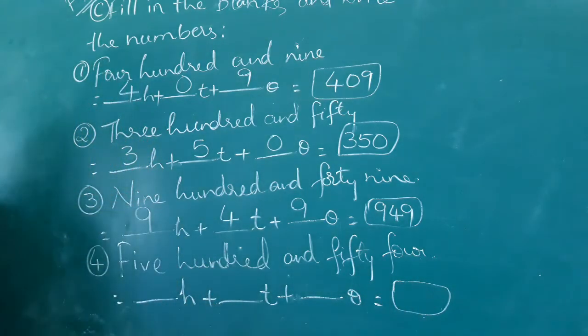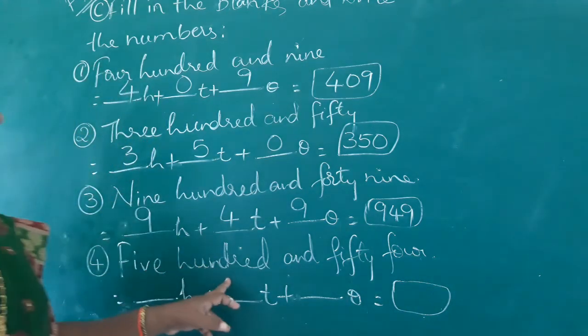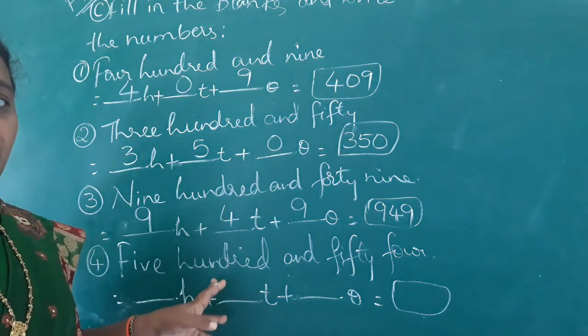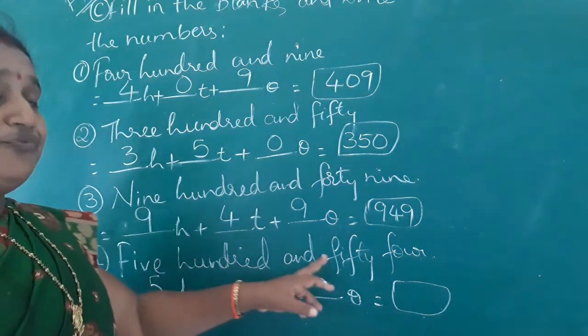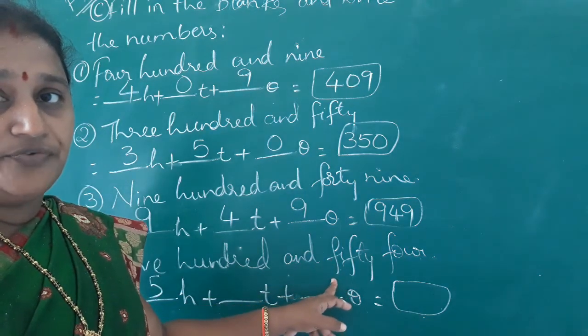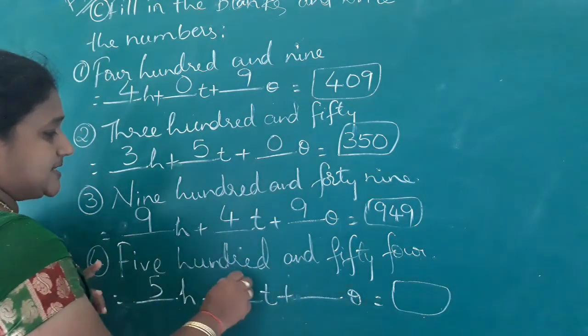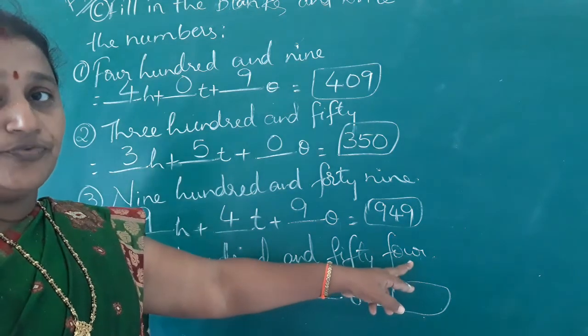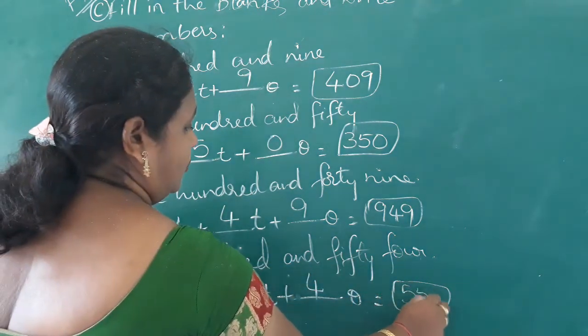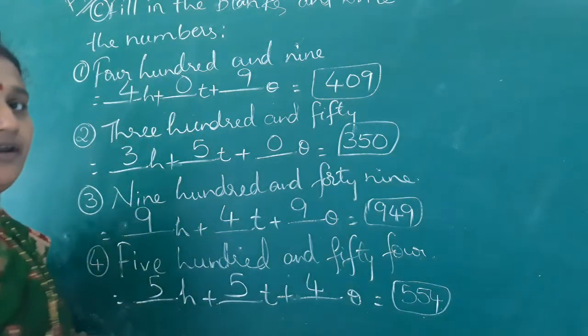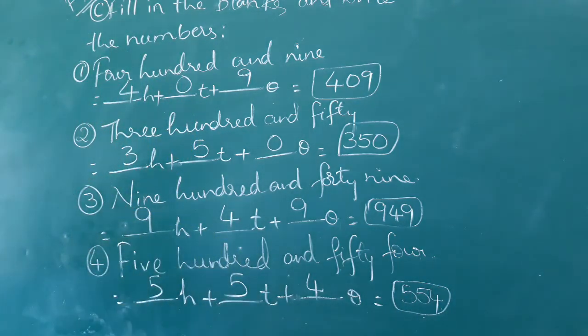See the question once again, children. 500 means how many hundreds are there? 5 hundreds. 50 stands for 5 tens. 4 means 4 ones. So 554 is the number. Like that you get it right. Okay, children.